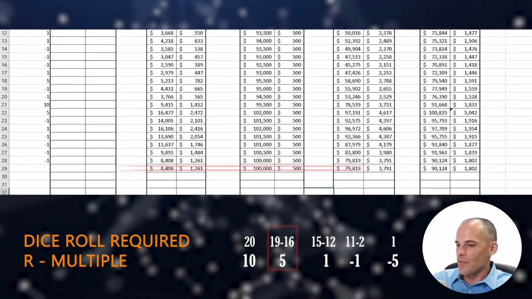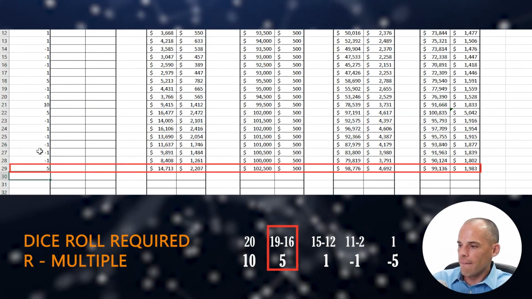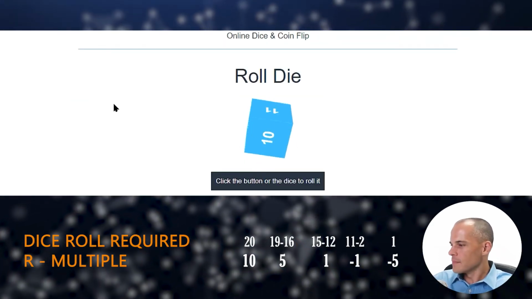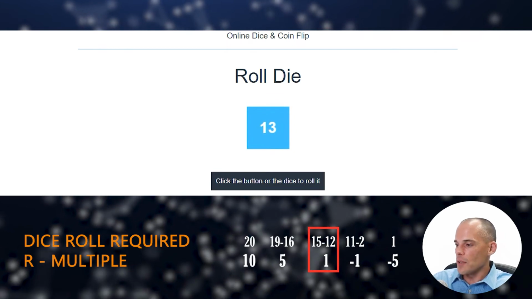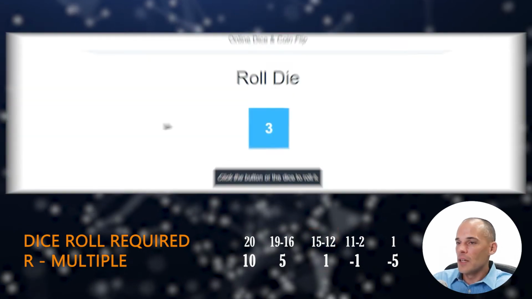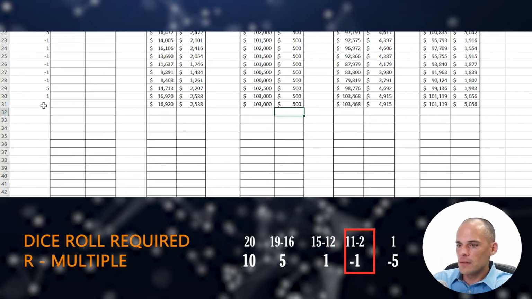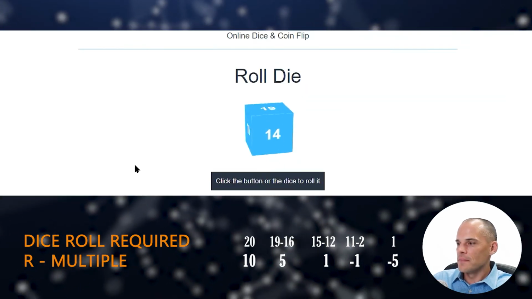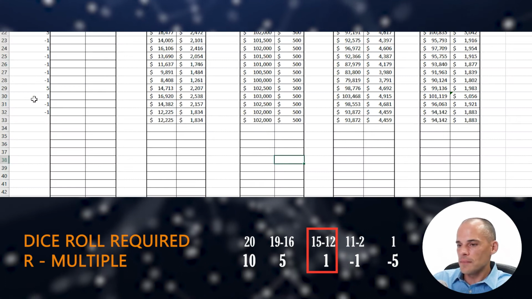18, which is a +5. Next. 13, which is a +1. 3, which is a -1. 9, which is another -1. 14, which is a +1.